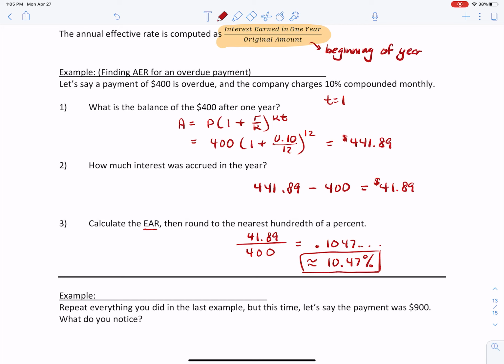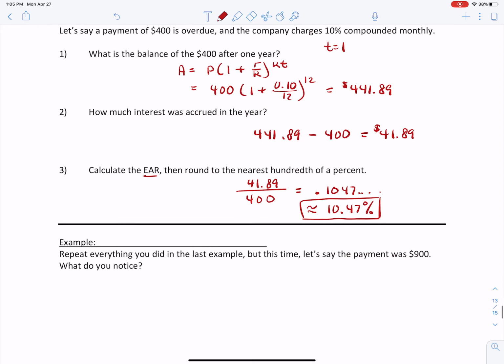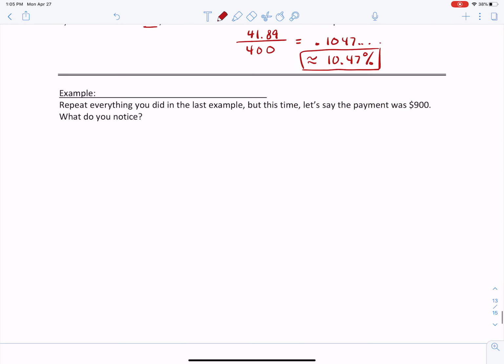So here's the thing. Does this change if we change the amount that's overdue? So let's look at $900 instead. So we're still using the compound interest formula. We're just basically mirroring what happened before.